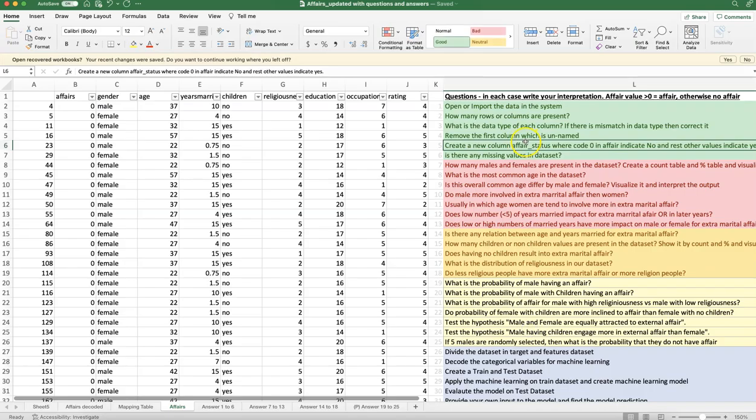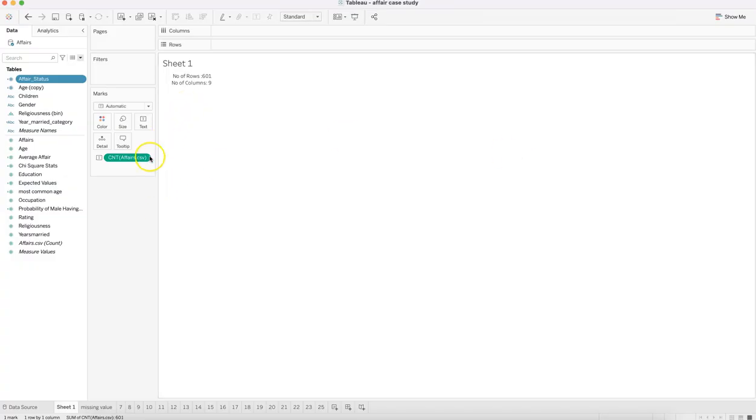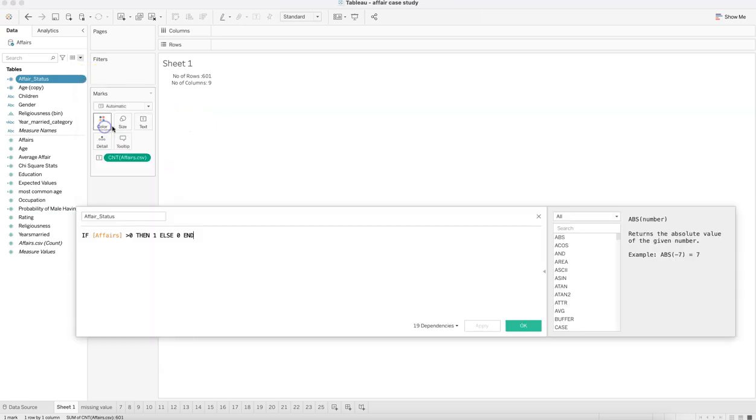This is how we create a new variable for whether an affair is present or not. The reason we use greater than 0 is that there are more than one value present, like 1, 2, 5, 7 and so on. 0 indicates that they have not been involved in any sexual interaction, but 1, 2 or 7 indicates they have been engaged one or more times in sexual interaction during the extramarital affair.